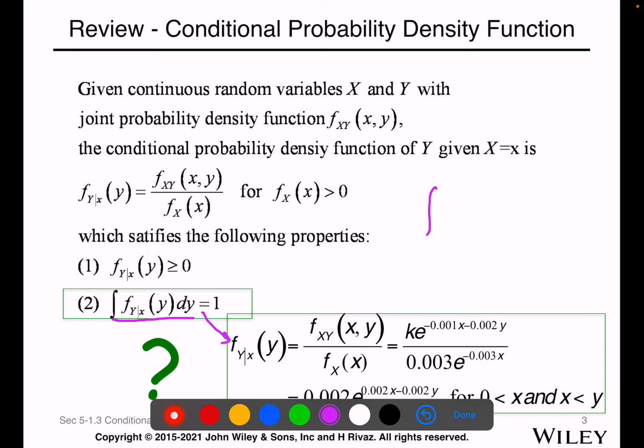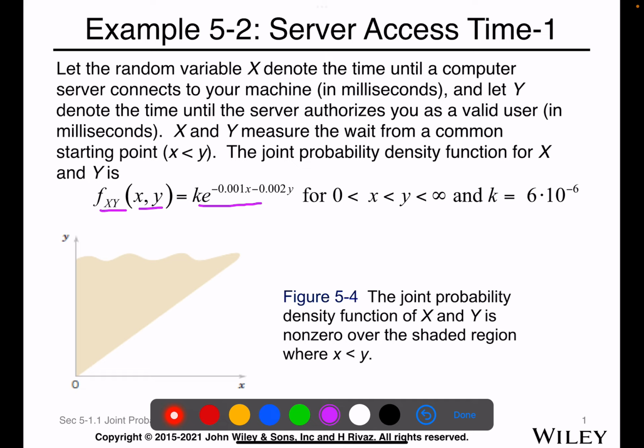We saw that the integral of f of Y given X dy, for, let's see, what was the range? Here the PDF is defined in this range, so Y changes from X to infinity, right?